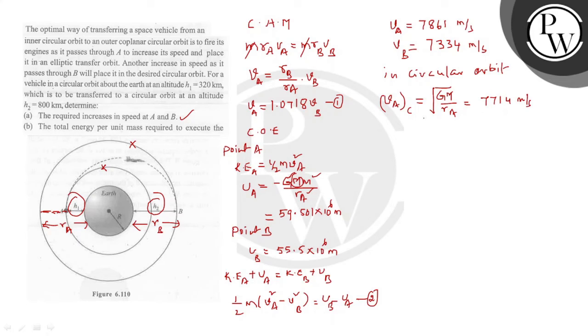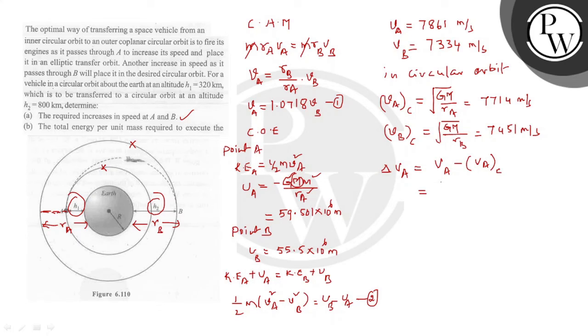In a similar way, the velocity at C is the square root of GM upon RB, which is equal to 7451 meters per second. So now delta VA is equal to VA minus VAC.